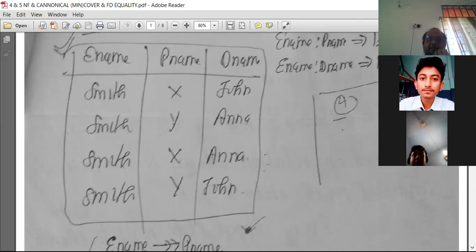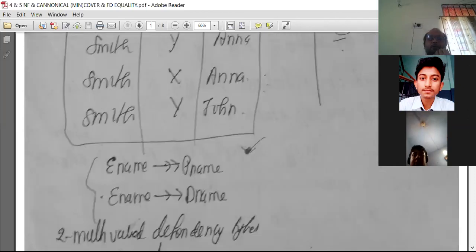If only E name and P name had 1:n, it would not be a multi-value dependency. But when E name and D name also have the same problem, that means two or more dependencies are multi-valued, so that table is not in 4NF.